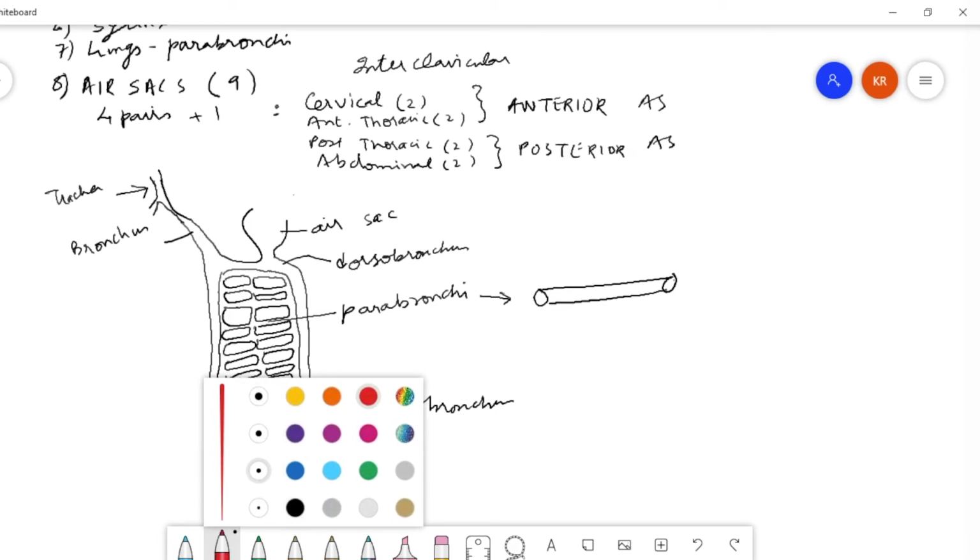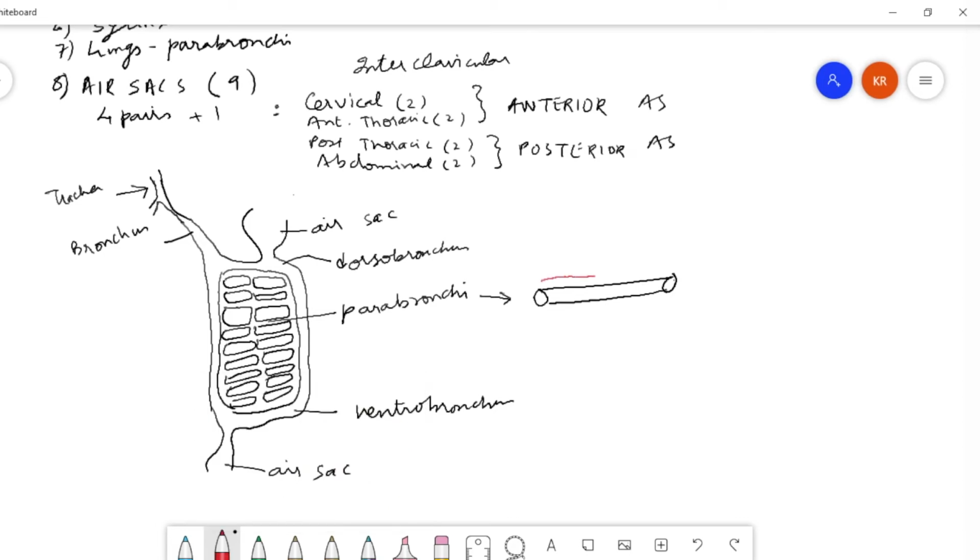But this is now surrounded by blood vessels. So this is a capillary. There will be a network of capillaries. And these capillaries are also going around this parabronchus.